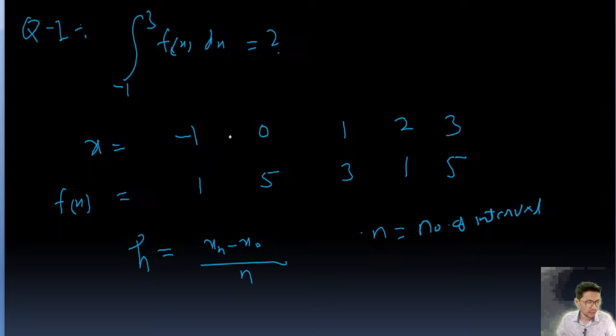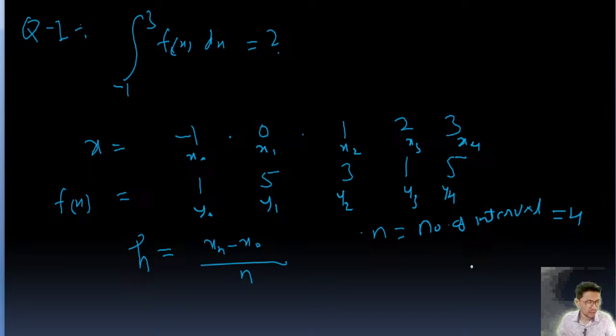How many intervals? 1, 2, 3, 4. The n value is 4. This is x naught, x1, x2, x3, and x4, and these are y naught, y1, y2, y3, and y4.